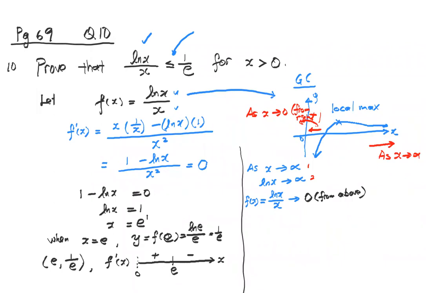So then the next one, as x approaches 0 from the right, what happened to ln x? If you don't know what happened to ln x, you can go to your graphic calculator now. You put ln of 0.000001. It will give you a negative or positive value.